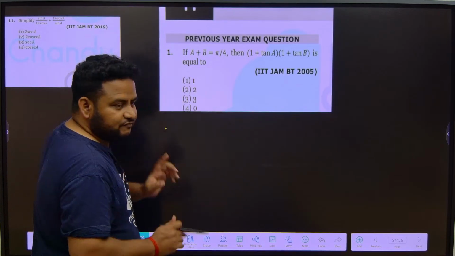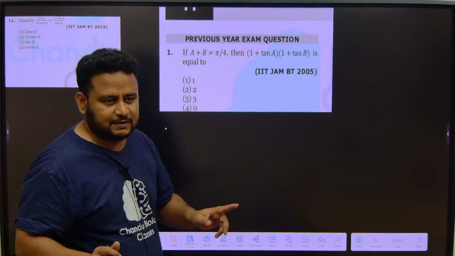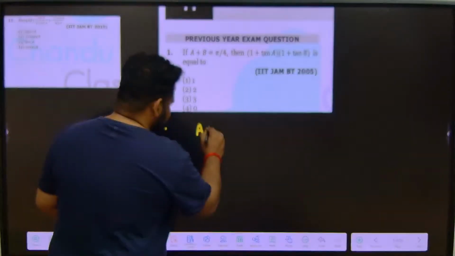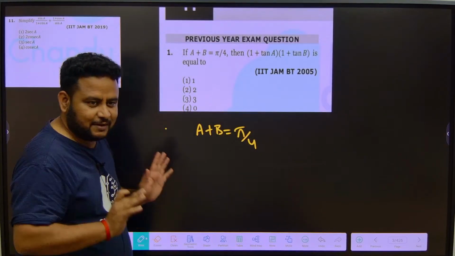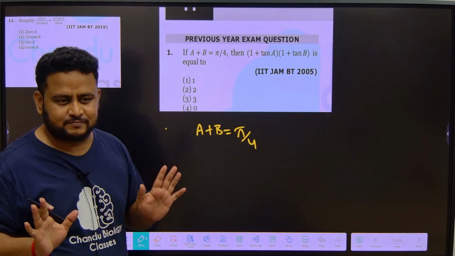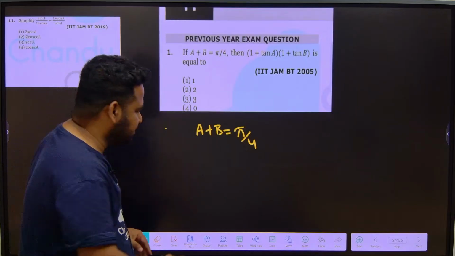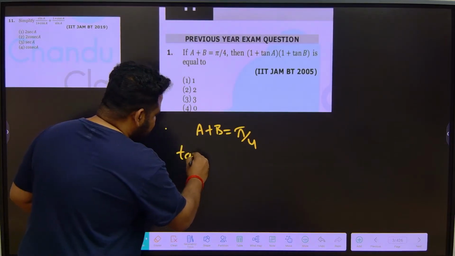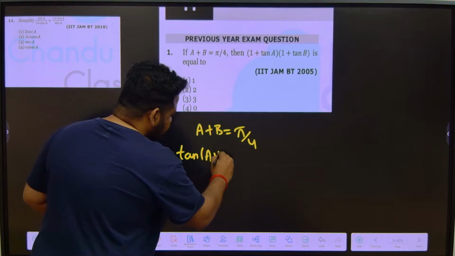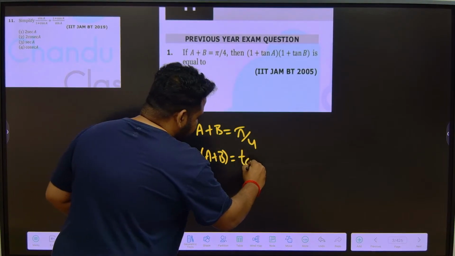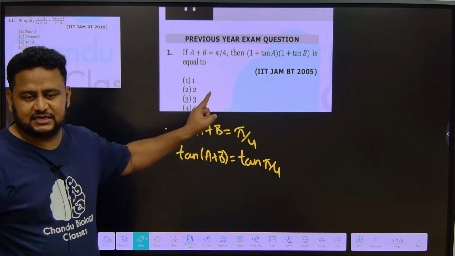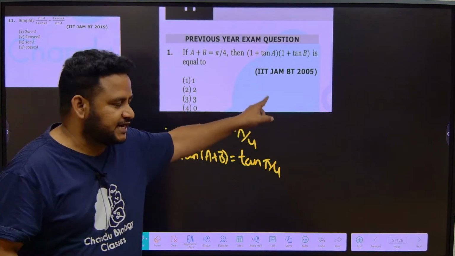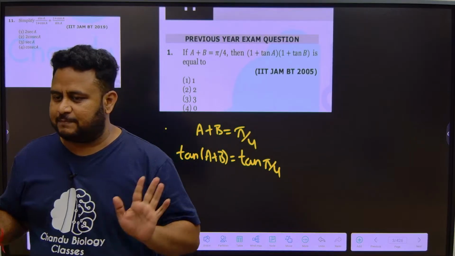So what should I do as the first step? A plus b is already given in the question. I should apply tan on both sides. So this becomes tan a plus b is equal to tan pi by 4. Whenever you see a question like this, a plus b is equal to pi by 4, if it is in tan, apply tan; if it is in cot, apply cot.